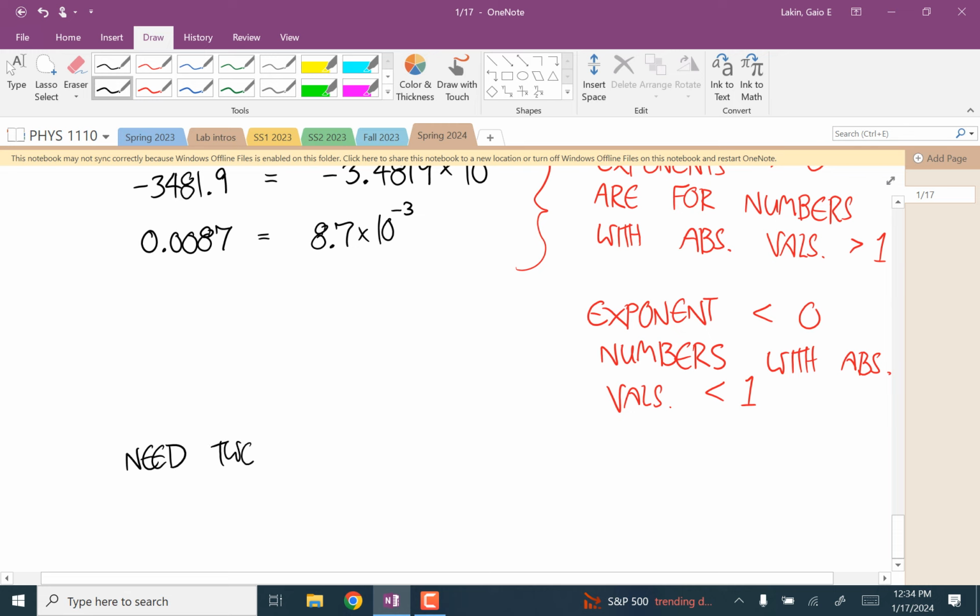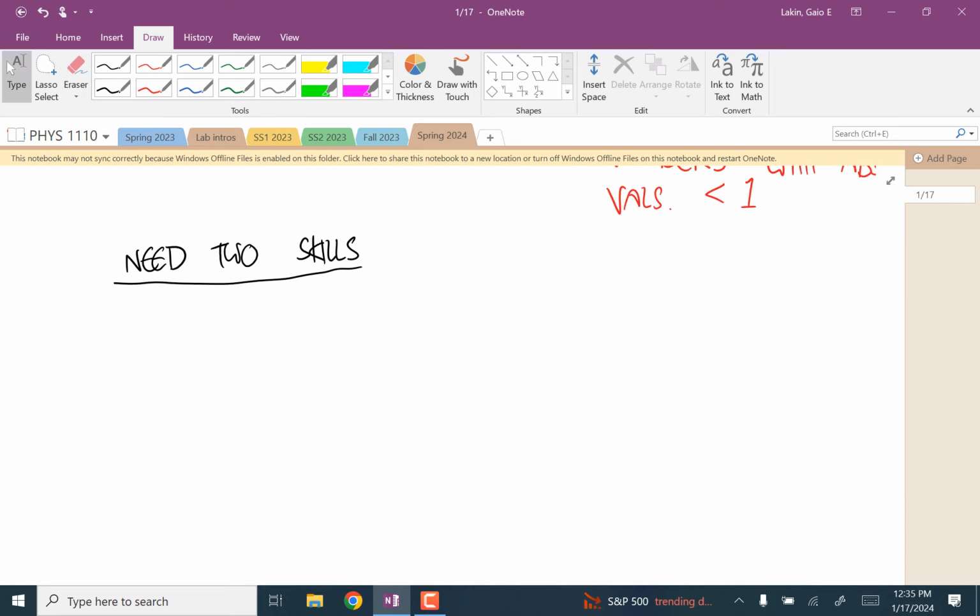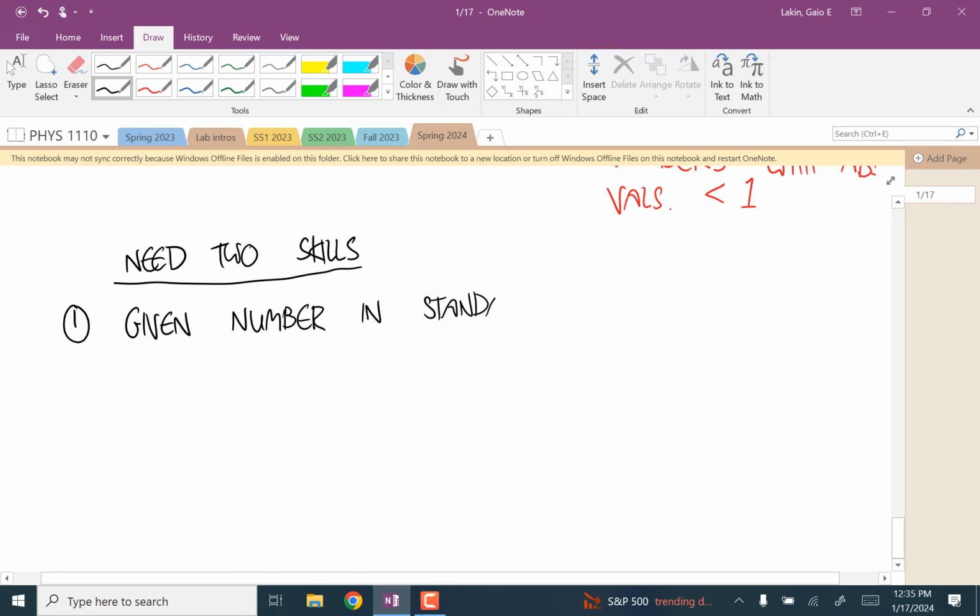The first one is, given a number in standard notation, express it in scientific notation.